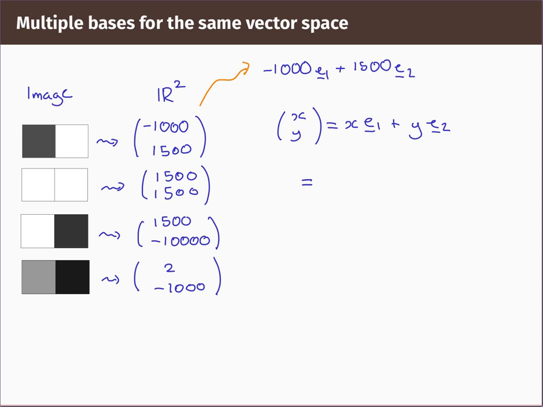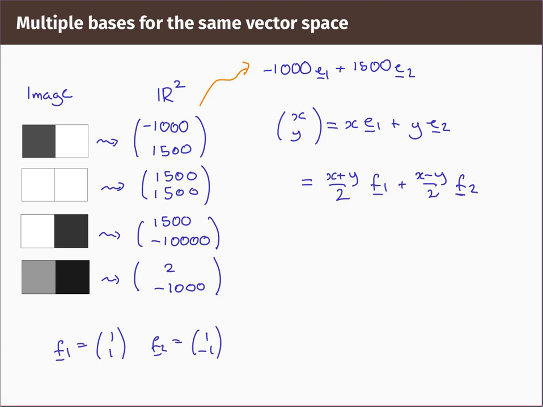You'll remember that we know another basis, f1 equal to (1, 1) and f2 equal to (1, -1). And what we saw was that a vector (x, y) was equal to (x plus y)/2 times f1 plus (x minus y)/2 times f2.